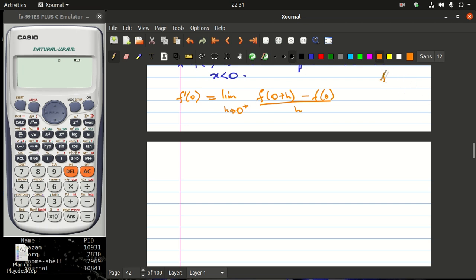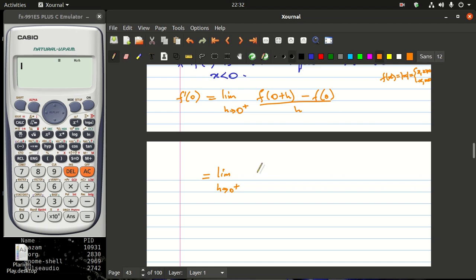Take note that f of x is equal to the absolute value of x, which is equal to x if x is bigger or equal to 0, and it is equal to minus x if x is less than 0. So when we are dealing with the right of 0, just picking a value on the right of 0, we are having a positive value, so we are actually falling in there. So this is going to be the same as the limit as h approaches 0 on the right of this. So I am going to plug this whole thing into that function there.